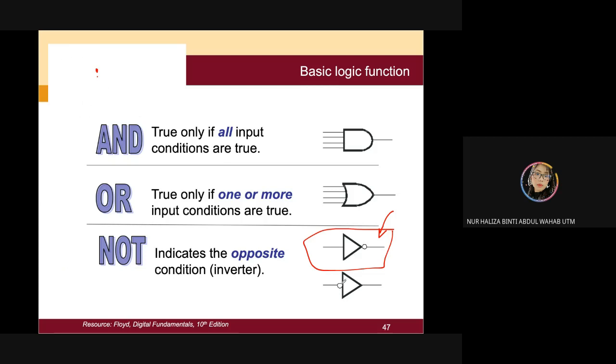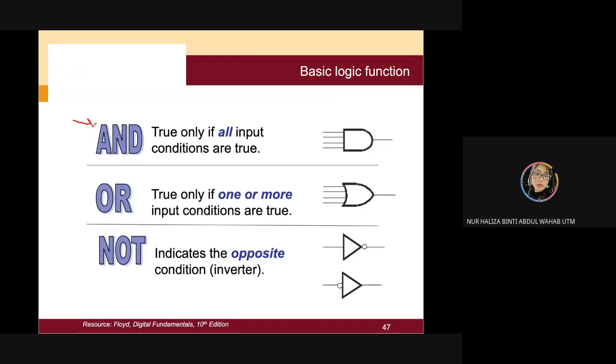You will play around with left or right. So as long as you can differentiate whether you want to apply it in terms of active low or active high, or in a gate to represent it as a NOT, as long as you're not confused, then it's okay.